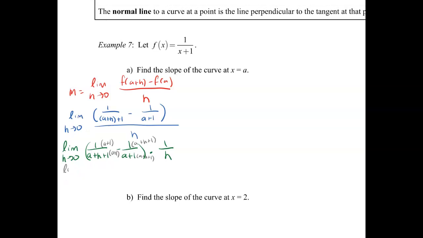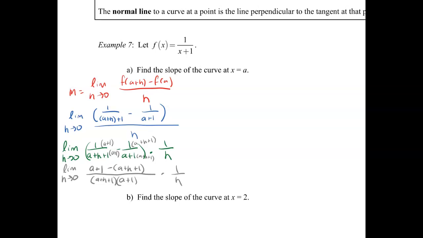So I get the limit as h goes to 0 of a plus 1 up top minus a plus h plus 1, all over a plus h plus 1 times the quantity of a plus 1, all of that times 1 over h.